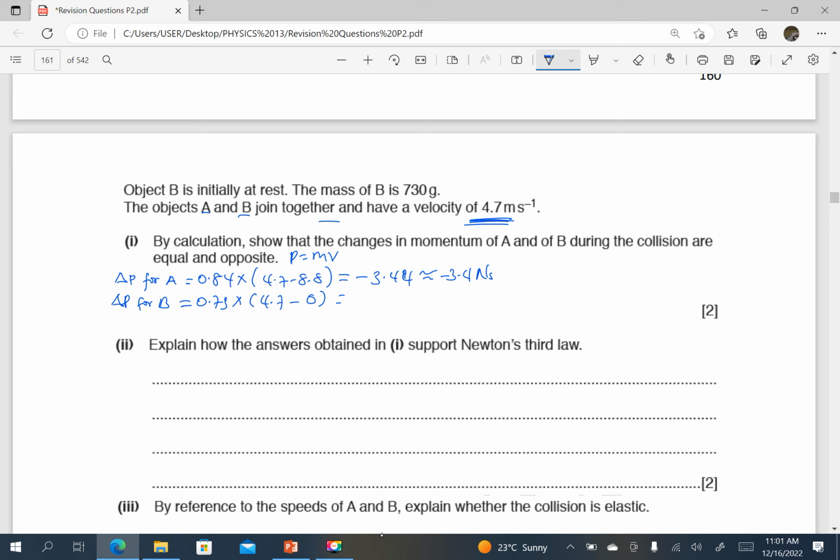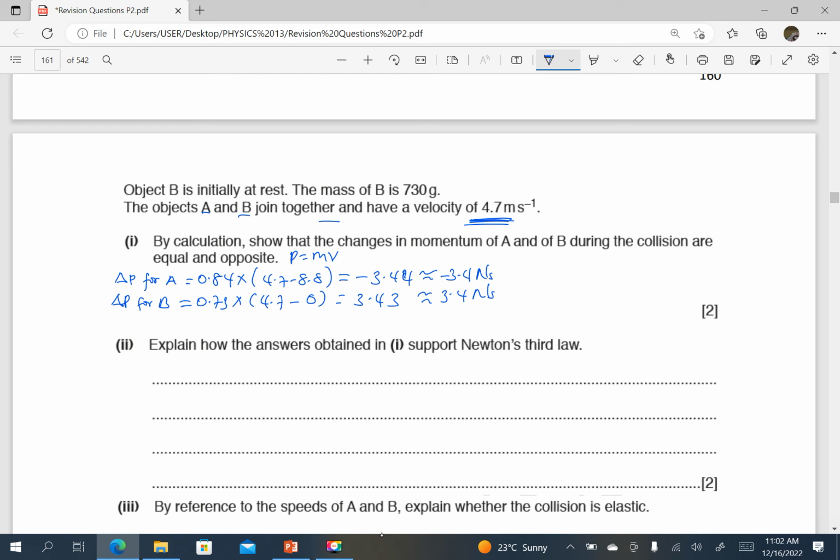Although the signs are different, the signs just show that they're in opposite directions. The change in momentum is actually the same, because they said show that the changes in momentum of A and B during the collision are equal but opposite. So the sign is showing they're in opposite directions.